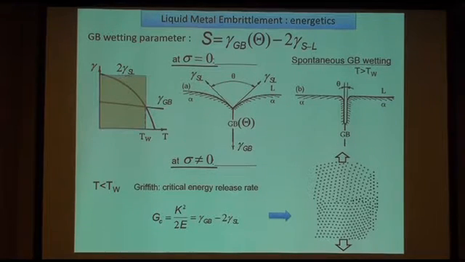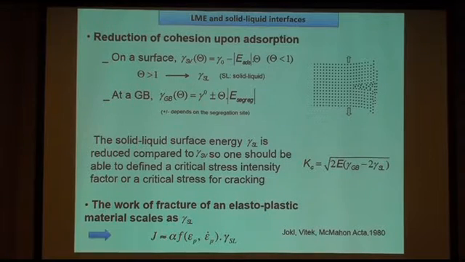But we have the low temperature behavior in this plot with an energy barrier towards the cracking at grain boundaries, and there we can apply the Griffith concept where you have the critical energy release rate. So upon reduction, the surface energies are reduced, and of course you have this for most absorption at surfaces, also for most embrittling impurities at grain boundaries.